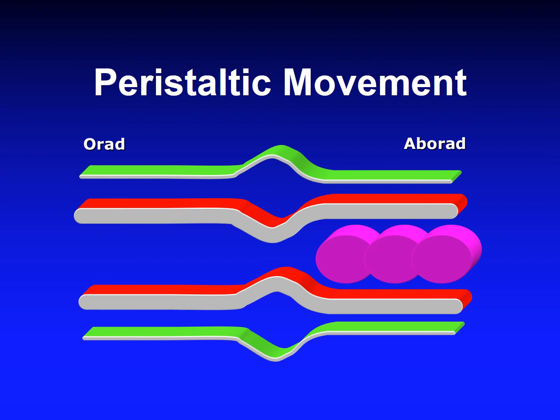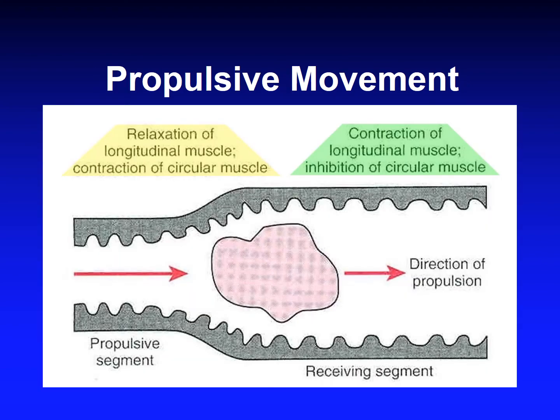We have seen this slide before. This action, contraction of the circular and relaxation of the longitudinal, will create two segments in the gut. These are the two segments of the gut as this picture shows. The first one in the bottom left-hand side of the picture is the propulsive segment.